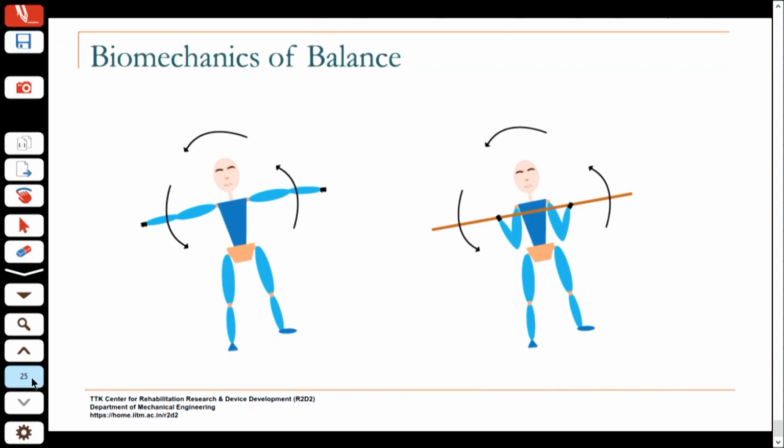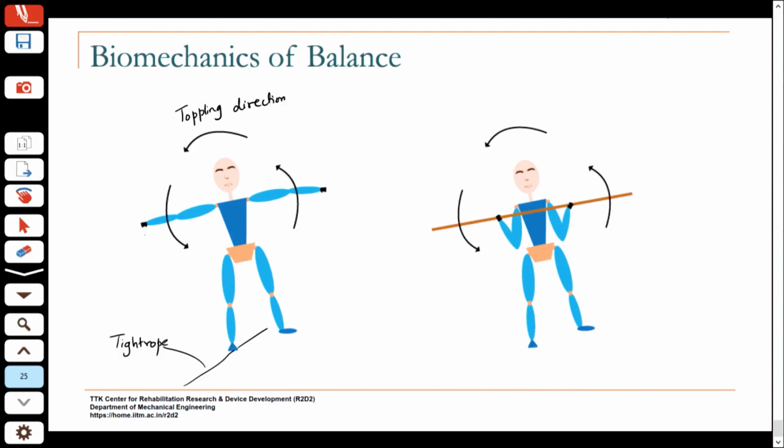Okay. Similar kind of strategy when somebody is walking on a tightrope, right. Say the person starts toppling in this direction, they start falling that way, then they should start rotating their arms in the same direction.